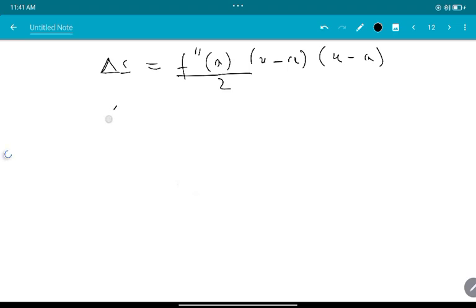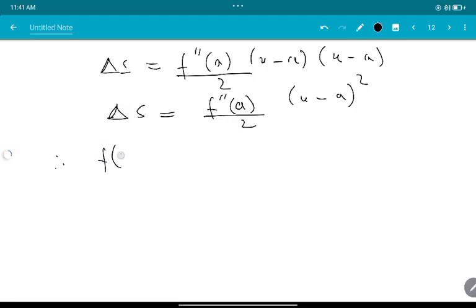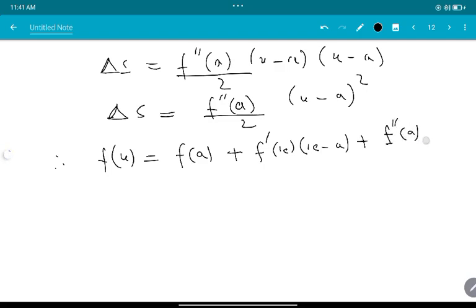That is, delta s is equal to f double dash a by 2 into x minus a whole squared. Therefore, the total distance f x will be equal to f a, due to the constant initial position, plus one more factor due to f dash x into x minus a, plus f double dash a divided by 2 into x minus a whole square.